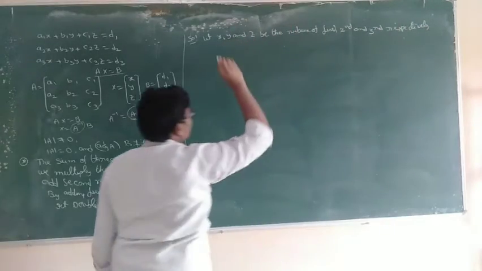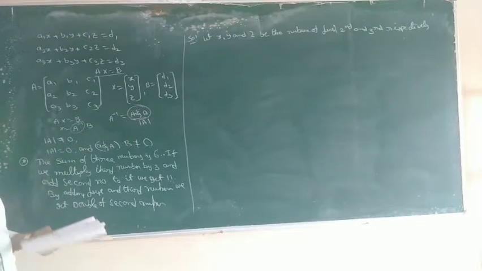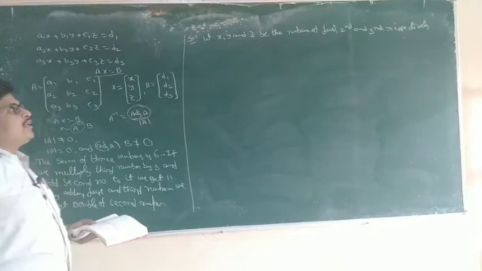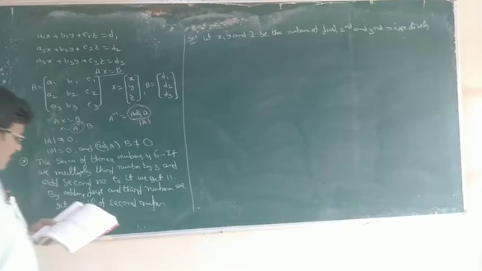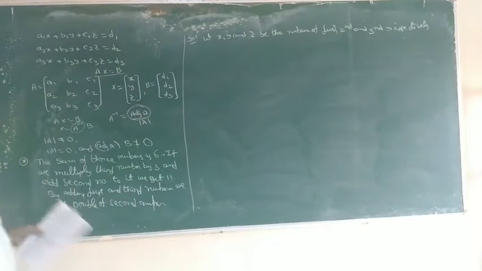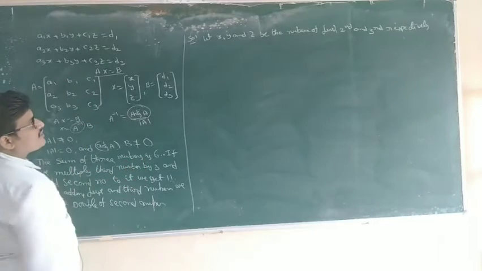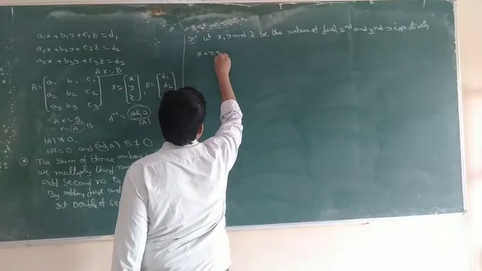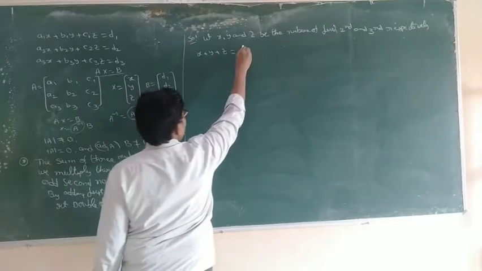This means the first number is X, the second number is Y, the third number is Z. Respectively means one by one. The sum of the three numbers, X plus Y plus Z, is equal to 6.